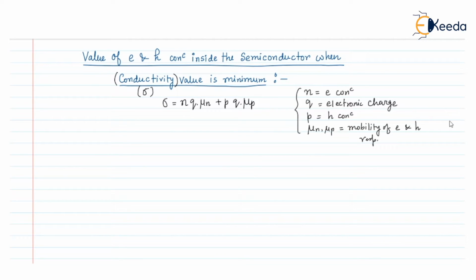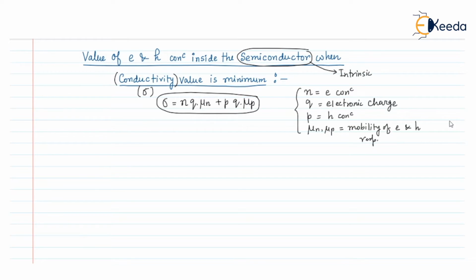So this is the equation for the conductivity of a semiconductor, and in this case we are assuming that the semiconductor for which we are going to calculate the electron and hole concentration is intrinsic.